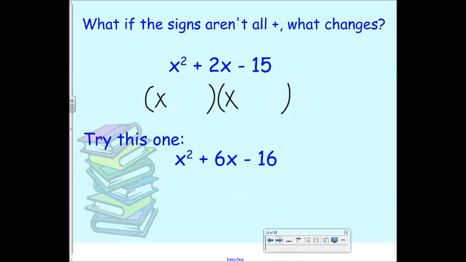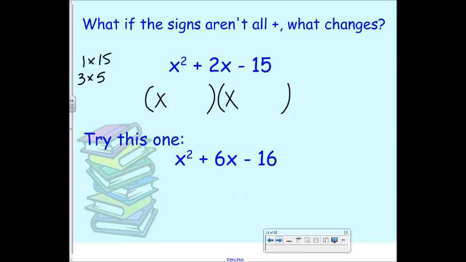So I need something that's going to add up to 2 and multiplies to 15. So what are my options with 15? I think that's it, right? So then I'm looking for one that's going to add up to 2, except one of these has to be negative. So really here I'm looking for one that is going to subtract to 2.